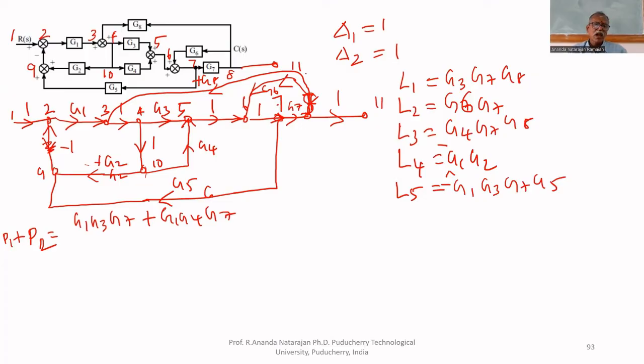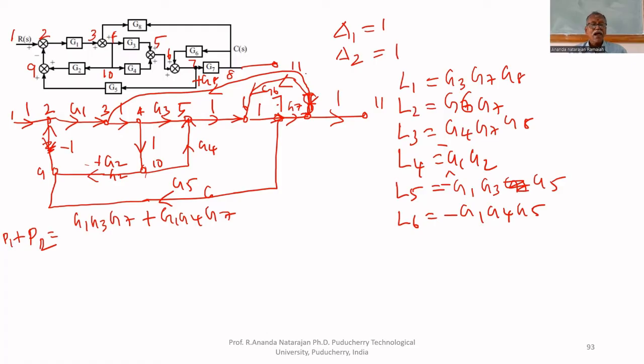Any other loop? G1, G3 only. G1, G3, G4. Okay. G1, G4, the same way. L6 minus G1, G4. Instead of G3, I can consider G4, G5. So 6 loops I got.